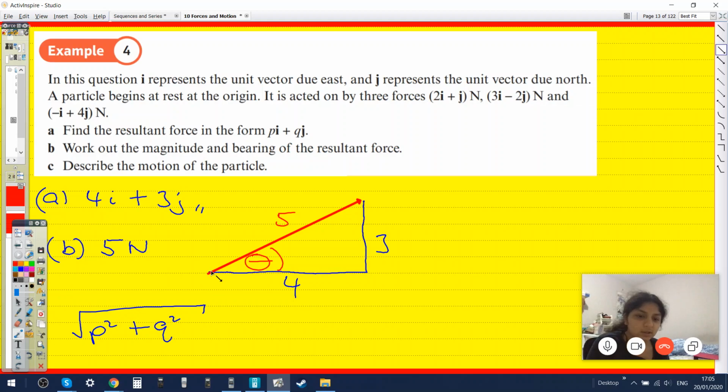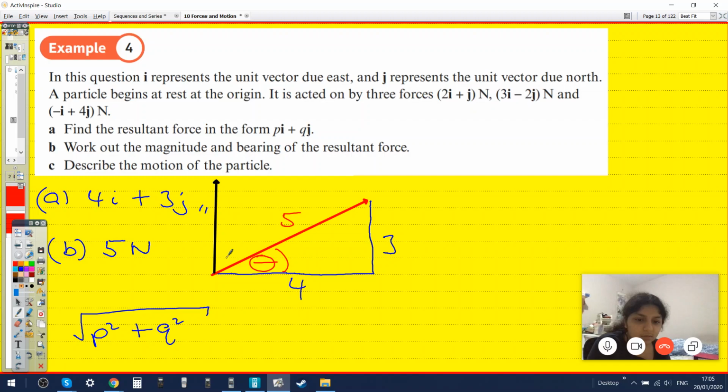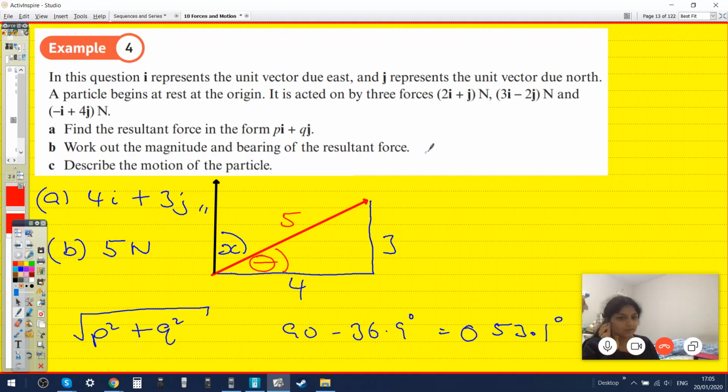So you have to find that. Okay. So you just do 90 minus 36.9, 53.1 degrees. Hold on, it's 53.1, sorry. GCSE bearings. Yep. I hope so.